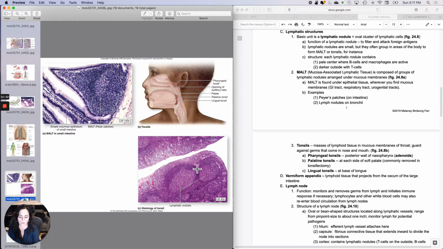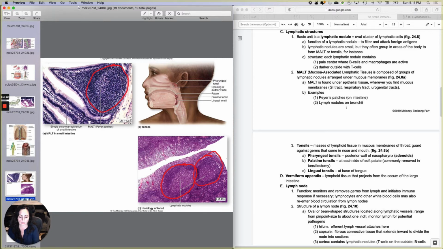I'll show you. So this structure right here that you are seeing is called a lymphatic nodule. This is one too, and this is another one.